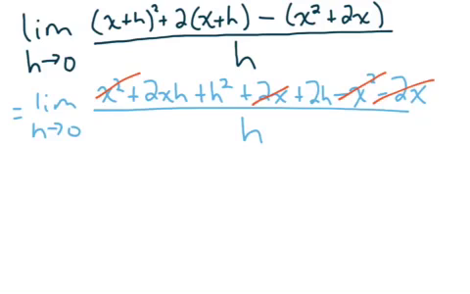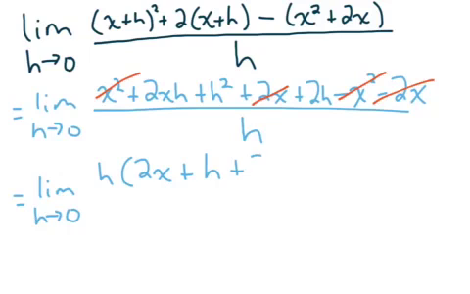And then finally I see that everything that's left up here that didn't subtract to 0 still has an h in it. So I can divide out the h on the top, so I can keep going. I can say this is the limit as h approaches 0, and on top I'm going to factor out the h, and so that leaves me with 2x and plus h and plus 2. And then I still have the h in the denominator.